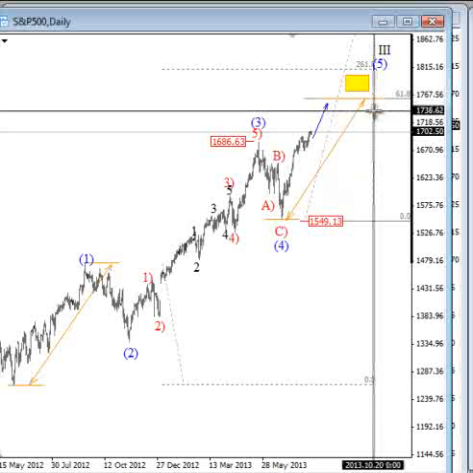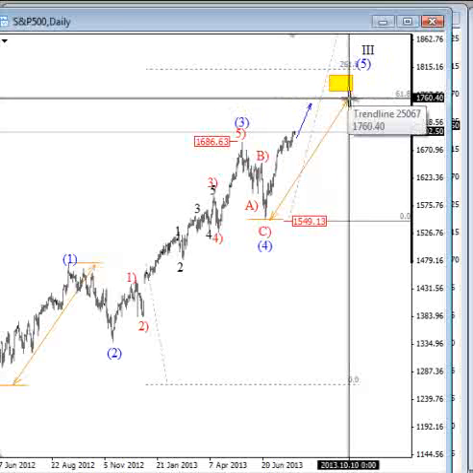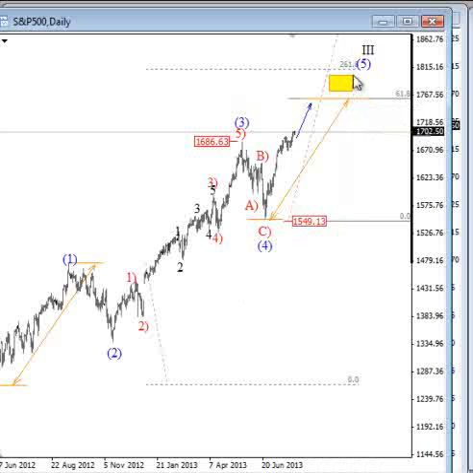In our case this means that we still have room for 1760 levels. Or we also need to respect the 261.8% extension of this wave 1. This is also a typical Fibonacci zone where this 5 wave movement could finish. So I'm looking higher here.